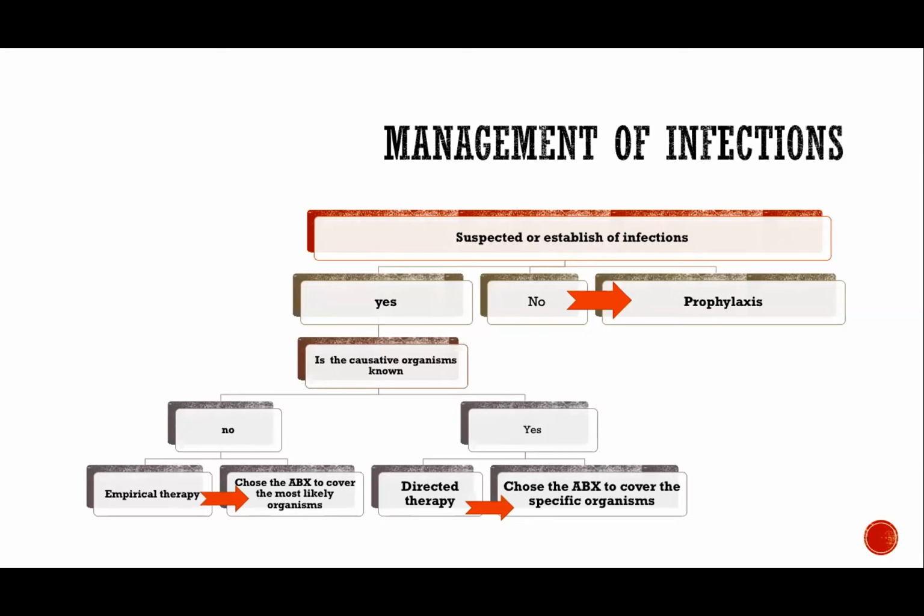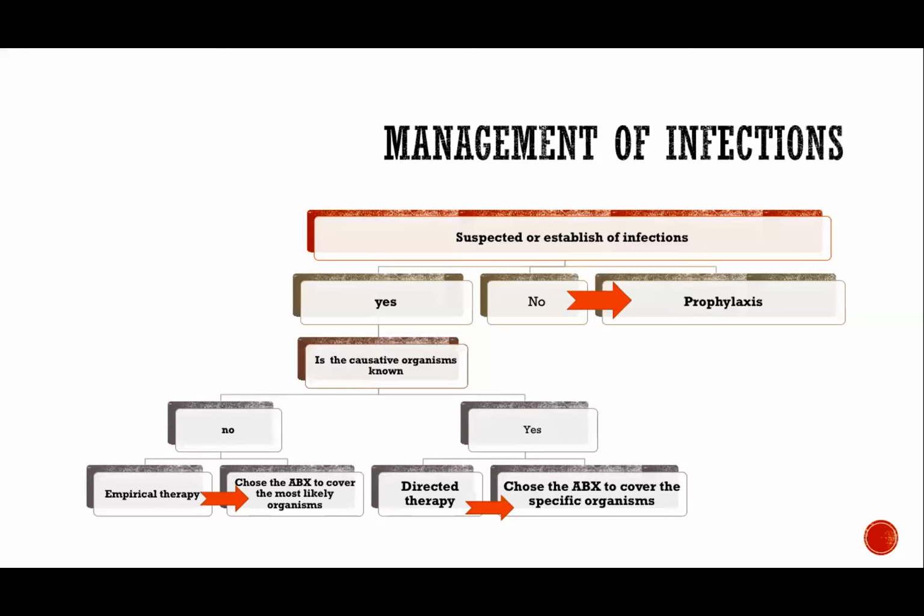For example, in an uncomplicated UTI, the most common organism is E. coli. So we know which antibiotics can cover that organism and treat the patient empirically until we get the result.